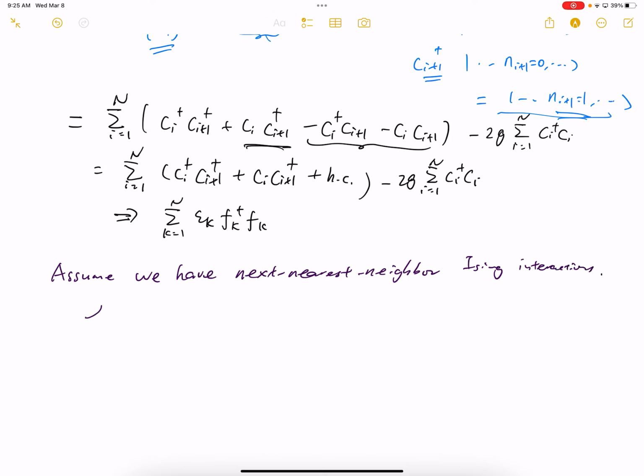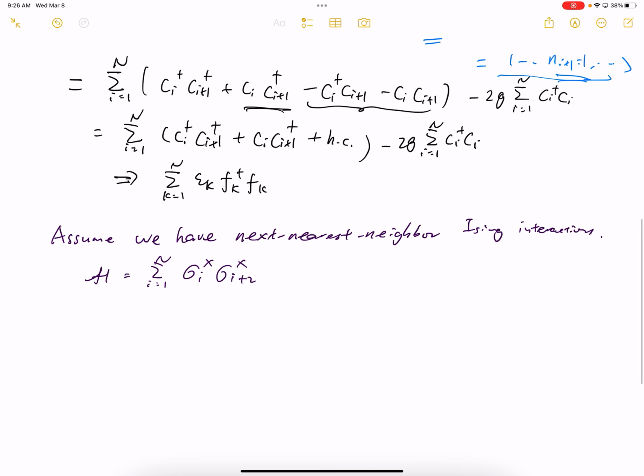This means in the Hamiltonian we actually have terms like, so let's just create a different Hamiltonian here. The Ising interaction is between sigma x at i and i plus 2. So it's next nearest neighbor. Suppose I actually have a Hamiltonian like this. I can forget about the transverse field term.